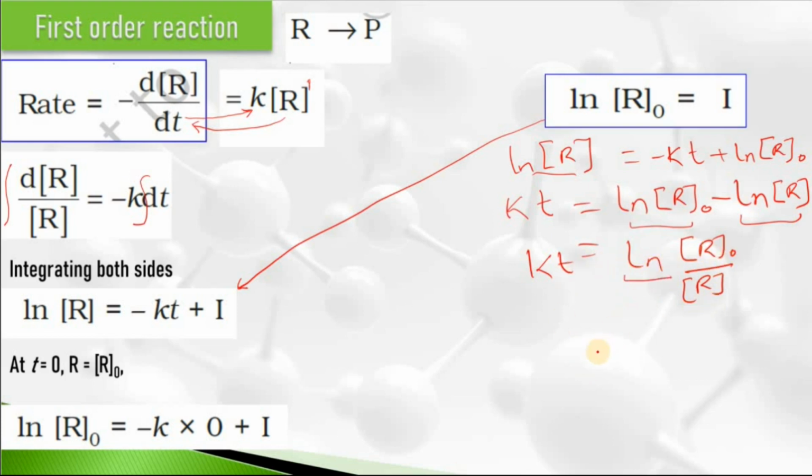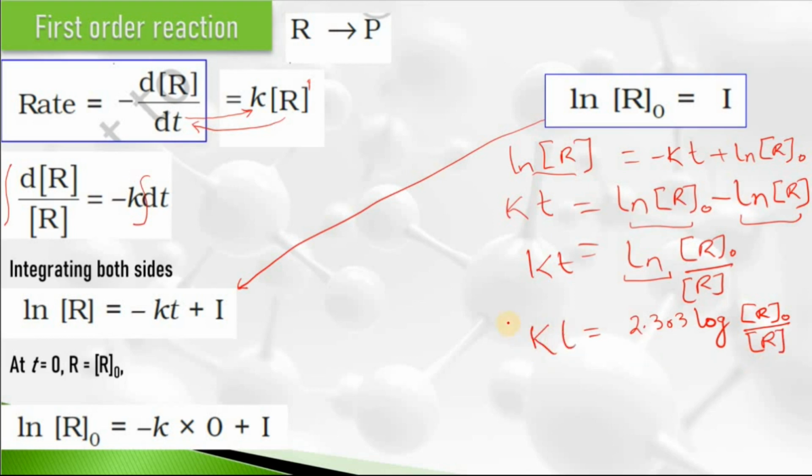Now this is the log at natural base. If you want to convert it into base 10, which is easier for calculation, we have to multiply it with 2.303. So instead of ln, now we will write log of concentration of reactant at time 0 upon concentration of reactant at time t.